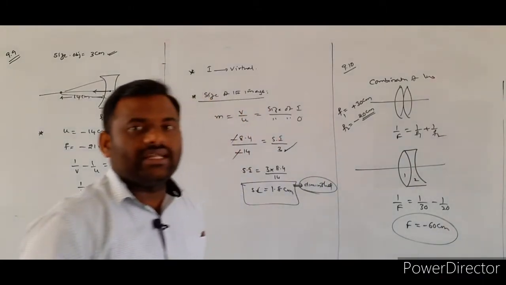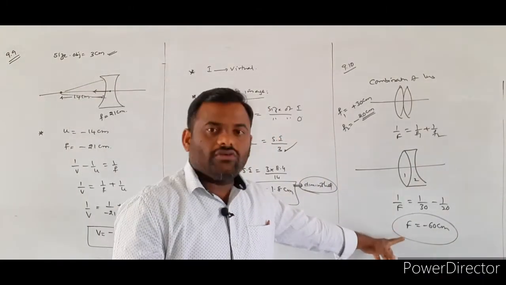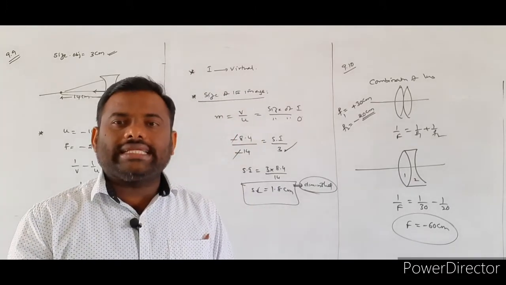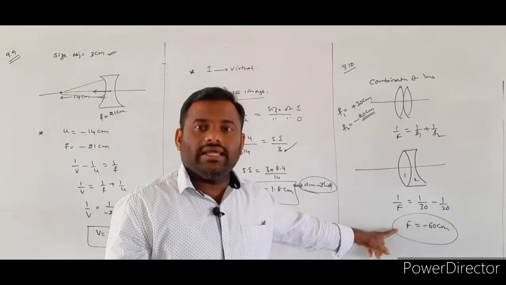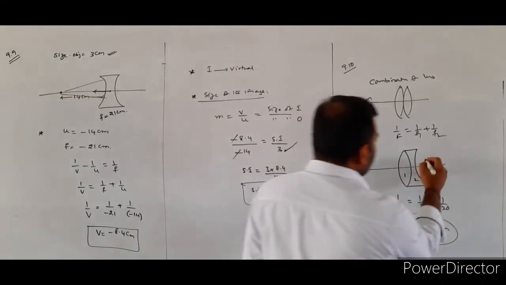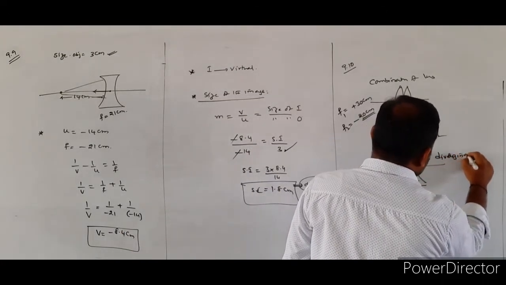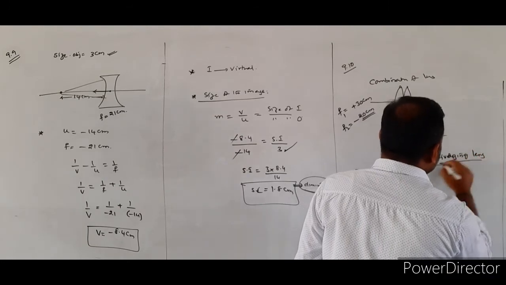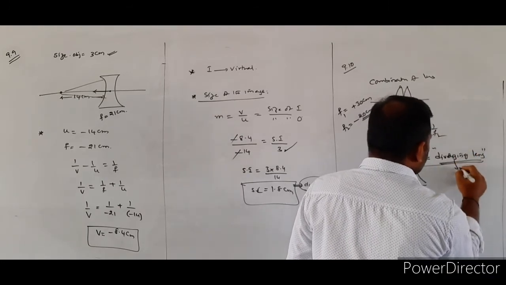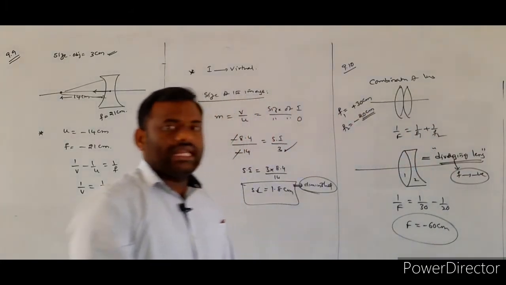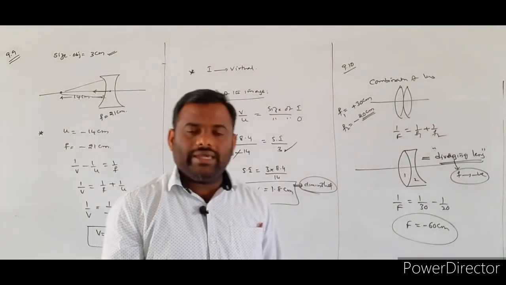So the effective focal length is negative, meaning the effective lens will be acting as a diverging lens. The combined lens will be equivalent to a diverging lens. For a diverging lens, the focal length value will be negative.